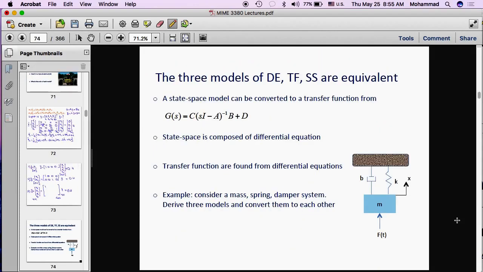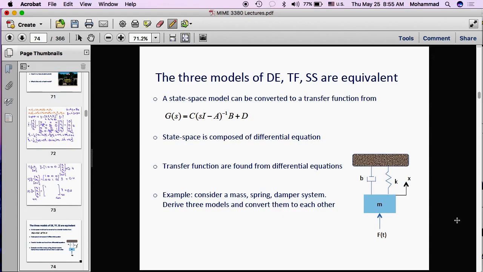Okay, so we worked this problem. Let's give you another problem to solve. For this problem, you have already found A, B, C, and D of this system. Why don't you copy down A, B, C, and D of this system? This is a mass damper spring system with an applied force.